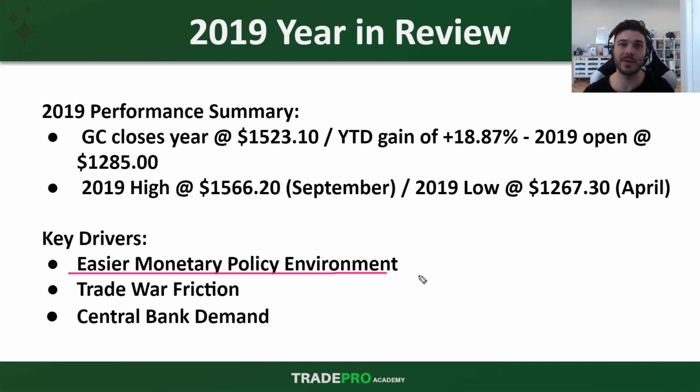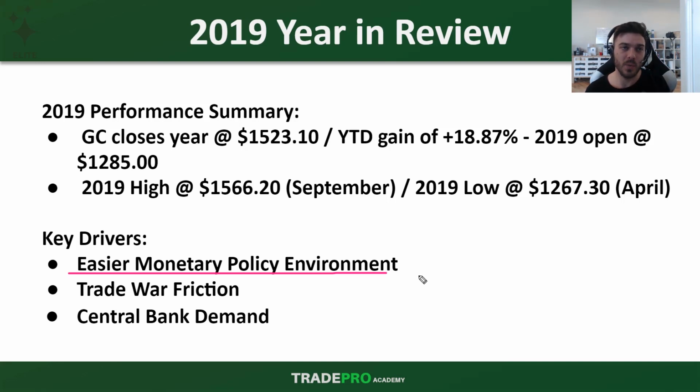Generally, when you see rate cuts, you get an outflow of capital from those economies, such as the US dollar, Australian dollar, New Zealand dollar, Canadian dollar, etc. We've seen a lot of central banks cut rates in 2019 in an attempt to stabilize the global economy.